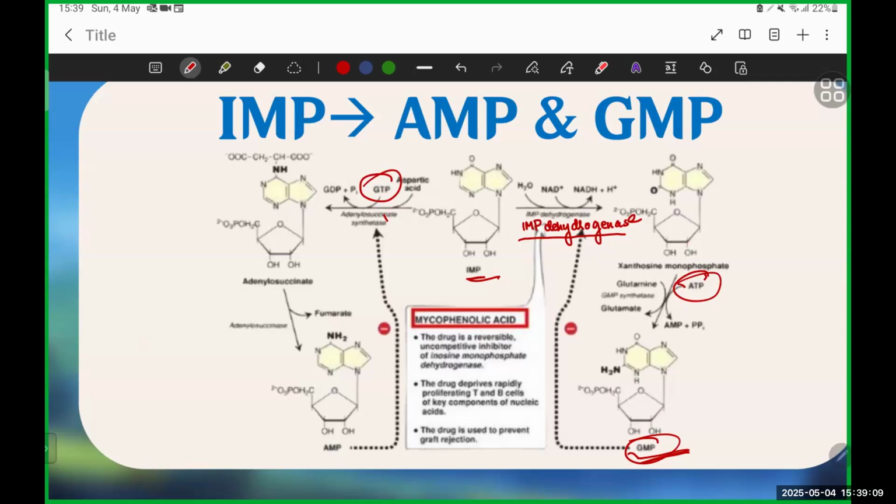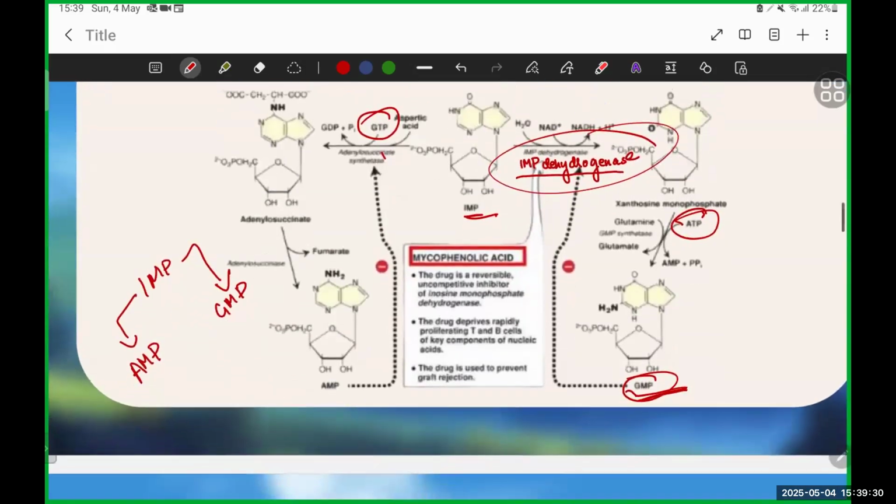Again, you have IMP. IMP forms GMP, and it also forms AMP. The important enzyme here is IMP dehydrogenase. And they feedback inhibit their own enzymes when they're enough.